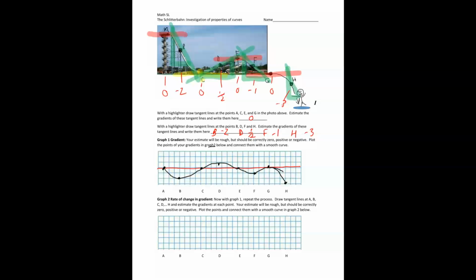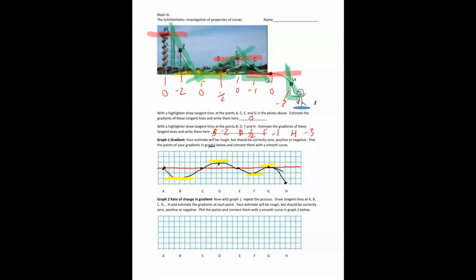And I'm going to maybe color code it. So I'll put yellow for the 0 slopes. Oh, this is maybe a little bit too thin. 0, 0, 0, and 0.